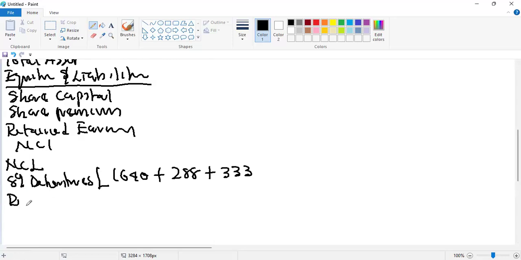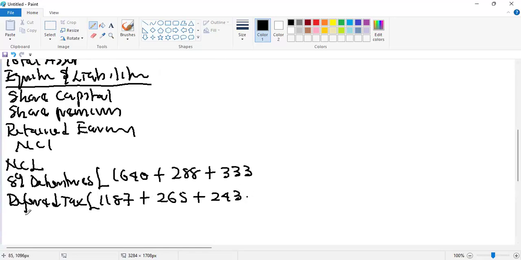Deferred tax: 1187 plus 265 plus 243. Current liabilities.